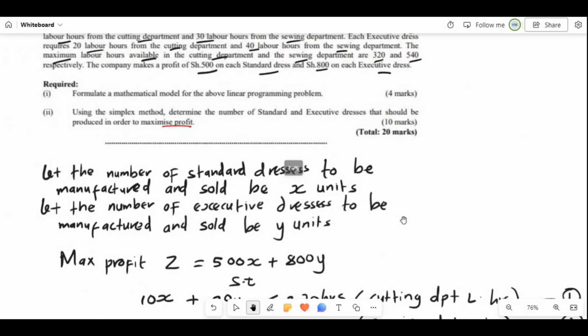So if this company wants to maximize profit, the number of standard dresses they need to produce and sell is 0. And the number of executive dresses they need to produce and sell is 13.5 units. The reason we say 13.5 is because there is the assumption of continuity. And the maximum profit they can make is 10,800.